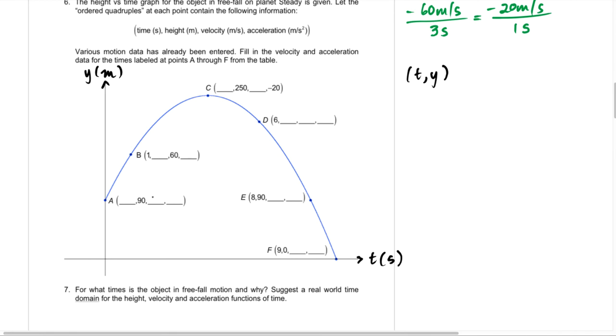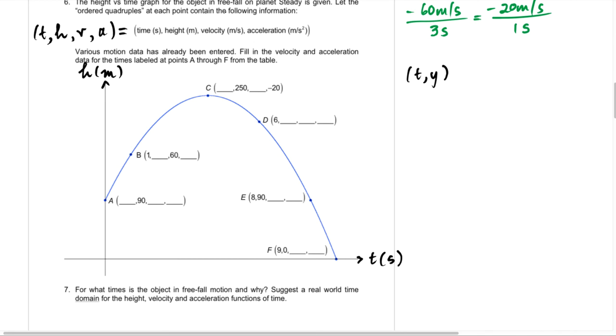But at each point, A, B, C, D, E, F on the graph, we have 4 pieces of information associated. And so those 4 pieces of information are time, height, maybe I'll use H for height instead of Y, and then we have velocity and we have acceleration. And the units are given in terms of seconds, meters, etc.